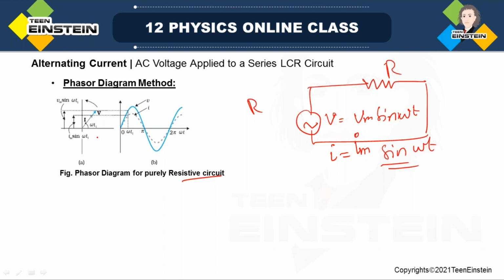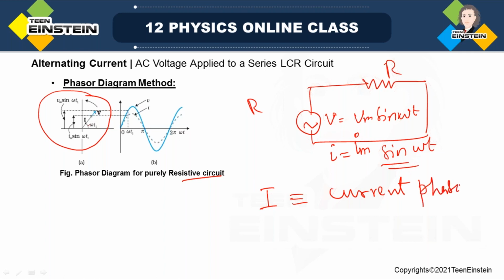So in the Phasor diagram, you look here, the current and voltage phasors, always phasors are denoted by capital letters. So this is the current phasor. Phasor means nothing but a rotating vector. Capital V is the voltage phasor.